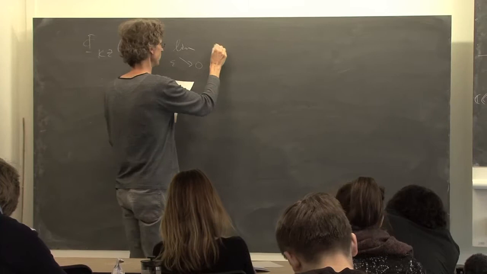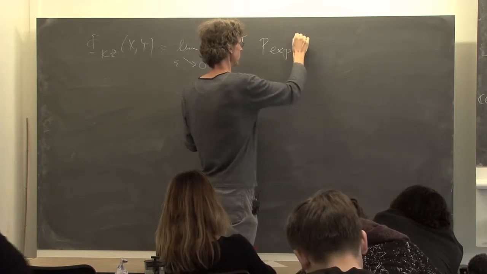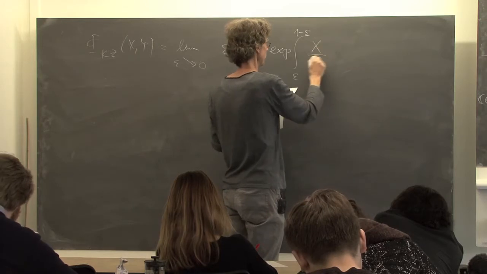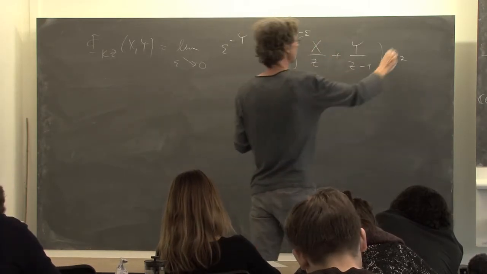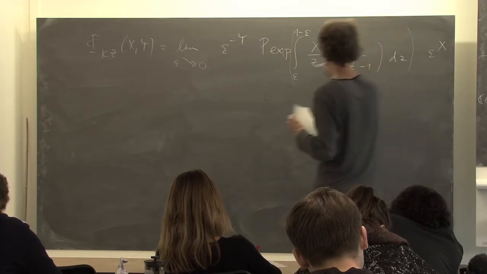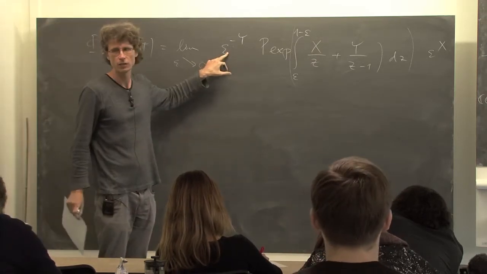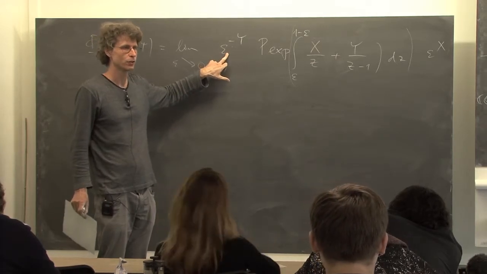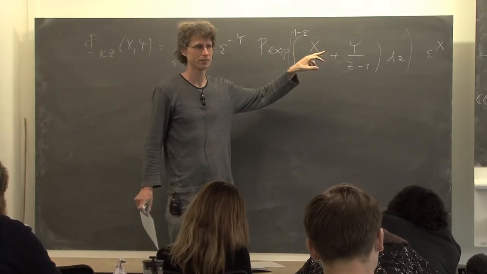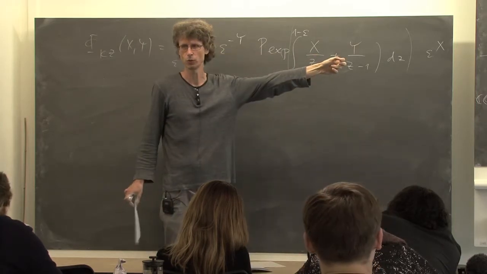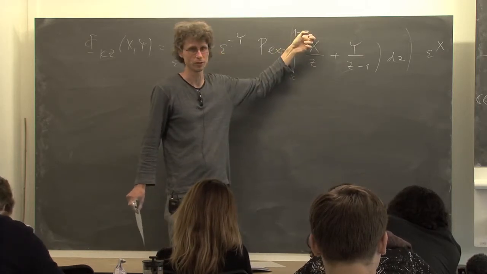Epsilon goes to 0, epsilon to the minus Y, and there was this holonomy path-ordered integral from epsilon to 1 minus epsilon of X over z plus Y over z minus 1 dz, and then there is epsilon to the power X. Now there is this ugly limit, but if you consider only words that start with X and end with Y, then these terms make no harm there, and also that integral is going to just converge when epsilon is sent to 0.